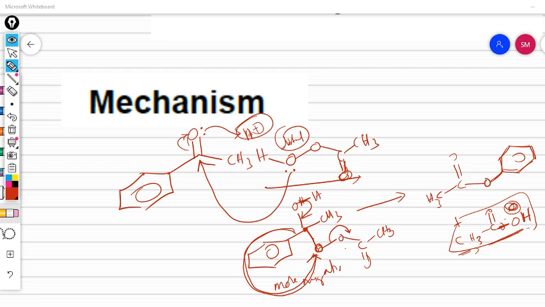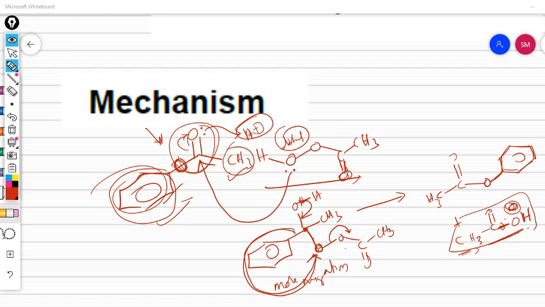If you take a ketone, it has two alkyl groups attached to the carbonyl. If oxygen is inserting here, it indicates that this group has more migrating tendency, which is why it attaches to the oxygen. If this group is more migrating, oxygen will insert here.